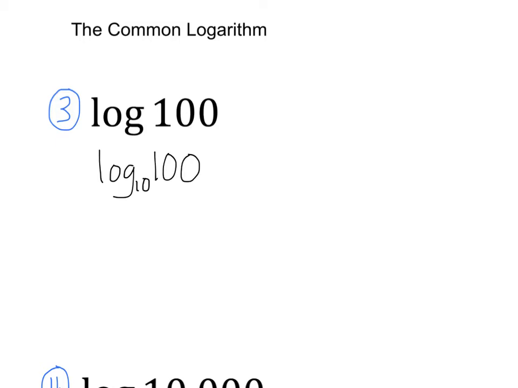So a common logarithm just means the base is 10. So when it looks like there's no base there, there actually is a base. It's 10. So log base 10 of 100, what's that? That answer would be 2. Why? Because 2 is the exponent to which I would raise 10 to get 100.